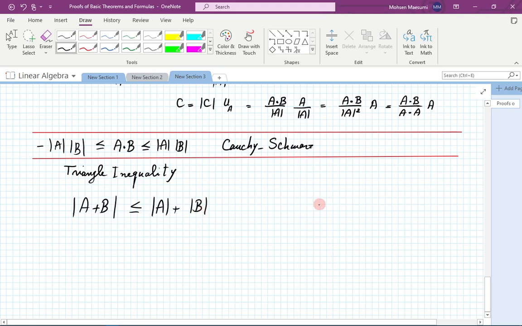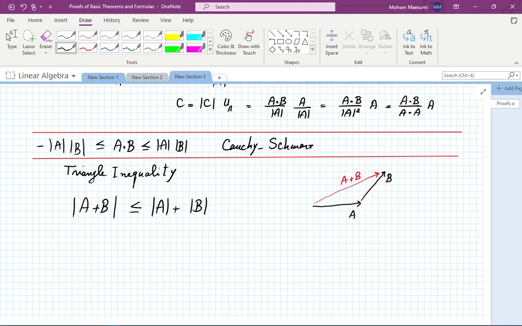That's called the triangle inequality, because if I have A and then B, and then I make the sum of these two, which is A plus B, well, it stands to reason that going straight is going to be less than or equal to the sum of the two other short trips that we have made.